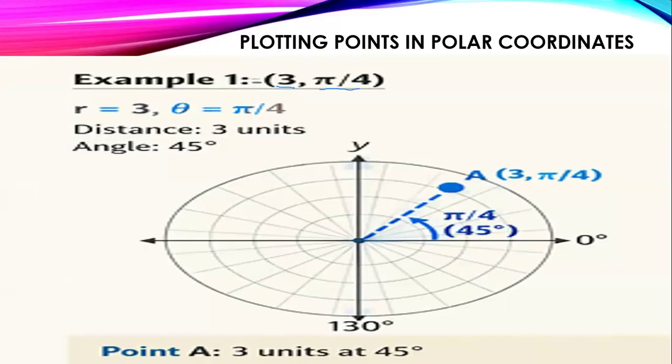So from the origin to A, we have a point that is in blue here. Our R value is 3, and we have our angle there. So at point A, we have 3 units at 45 degrees, or at pi over 4. Next slide.